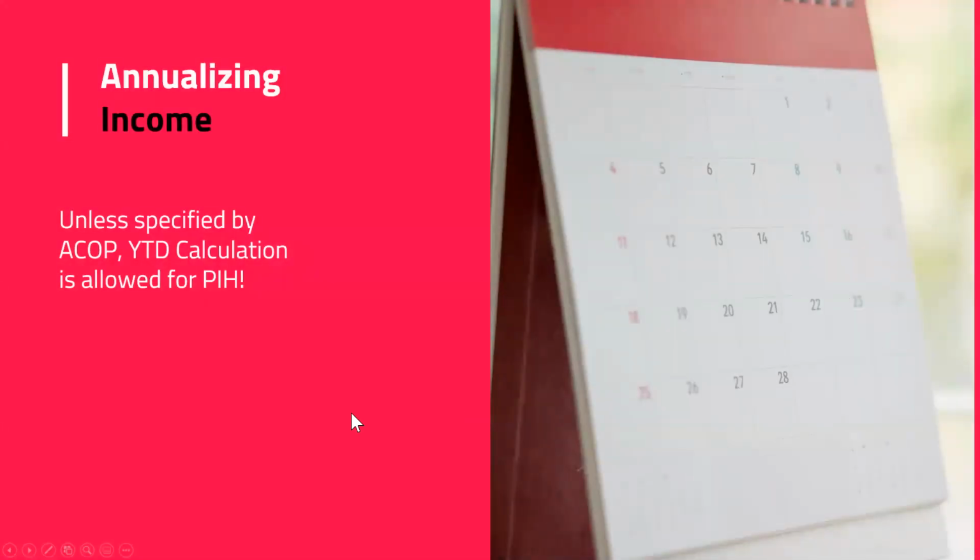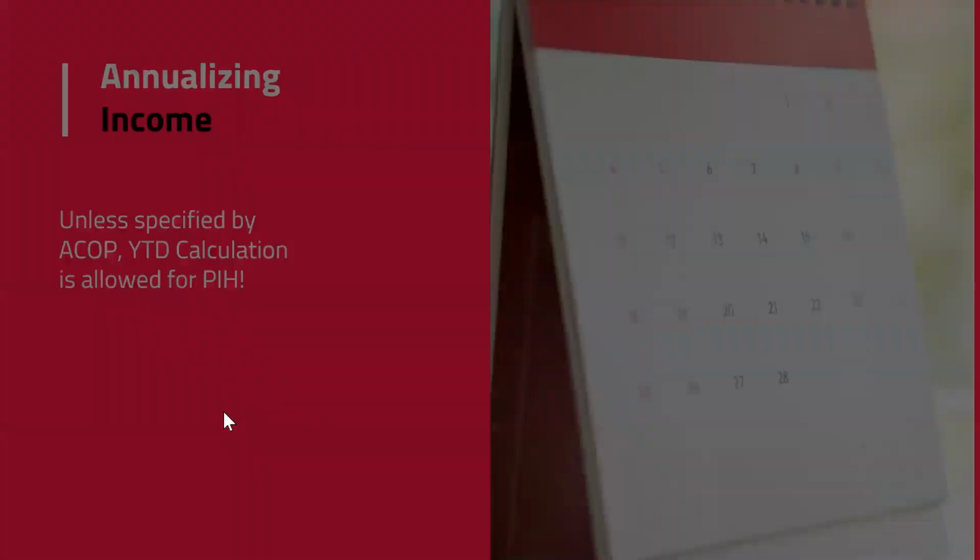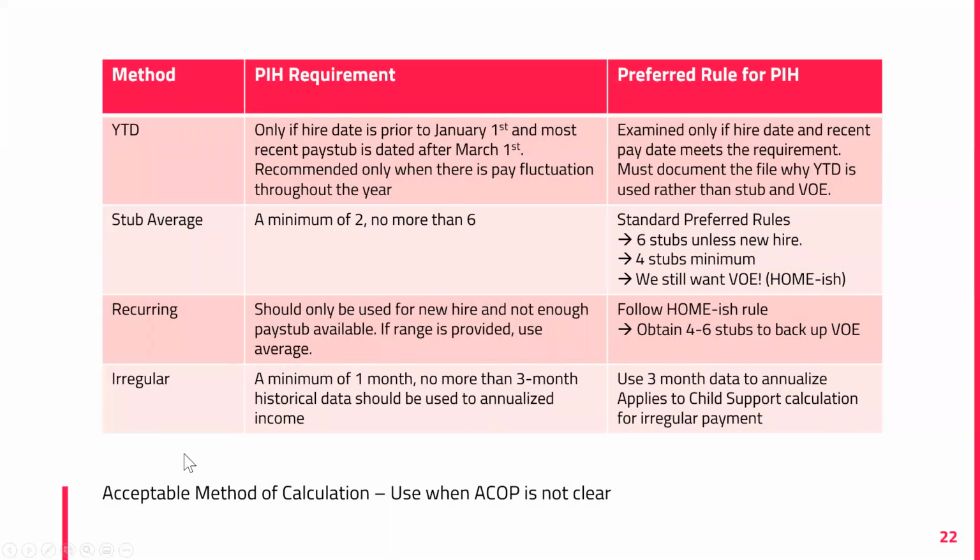So here's another thing for the FFP people. Unlike the multifamily housing department who oversees the Section 8, the project-based Section 8, the public and Indian housing allows and actually encourages in certain circumstances for you guys to use the year-to-date calculation. So let's look at a few methods that they talk about.